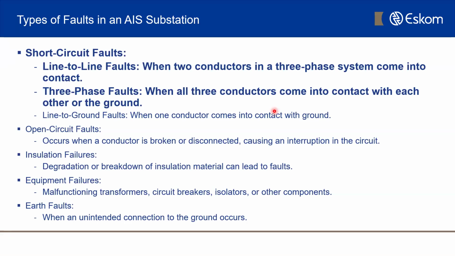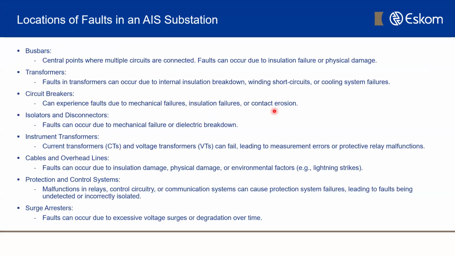our structures. Okay, so if we move on to the locations of the fault in the substation, there are various places where these faults might occur. The first I put in here is the bus bar, and this is where we are going to be concentrating.